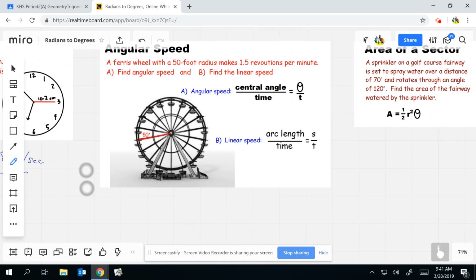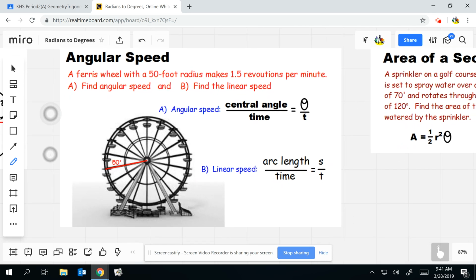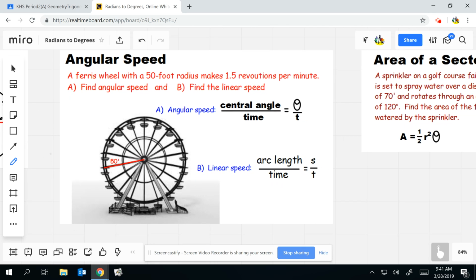Angular speed, though, is how fast the angle is moving. How fast does the angle go as it goes around? Angular speed is your central angle divided by your time. So we have to decide what to use for the central angle and what to use for the time.